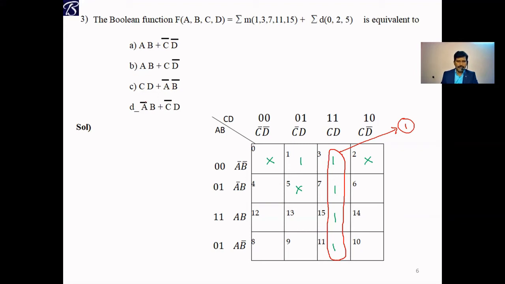Here two minterms only are given. That is one CD. F equal to CD plus. CD means only this option. We got this option already because CD is not there in any other option. Then this is option A bar B bar, that means directly we can combine like this.